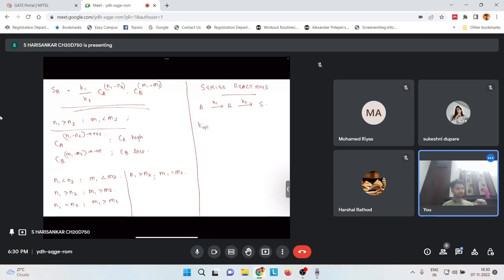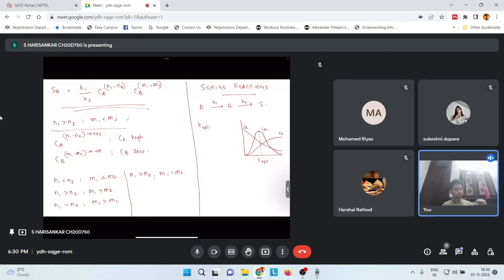This T optimum is nothing but the time at which the concentration of the intermediate product is maximum. So this is T optimum. This is the concentration of the intermediate product CR, this is CS, and this is CA. I hope you guys remember this.